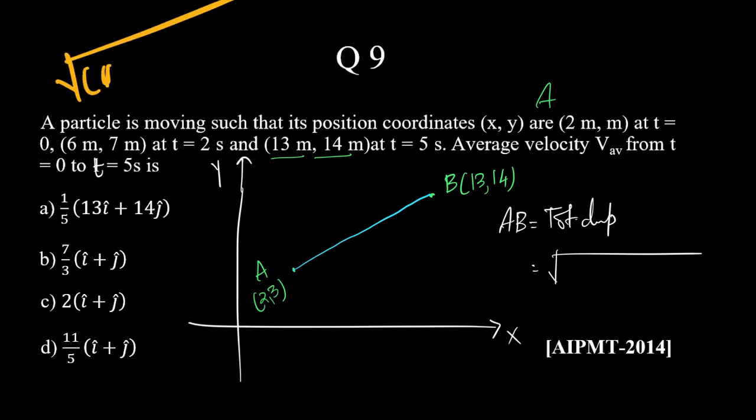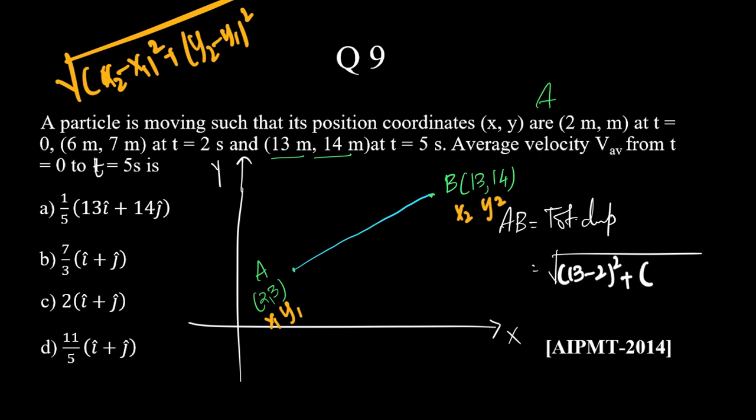Root of x2 minus x1 the whole square plus y2 minus y1 the whole square. We have x1, y1 and x2, y2. So what we get is root of 13 minus 2 the whole square plus 14 minus 3 the whole square, which is equal to root of 11 square plus 11 square.